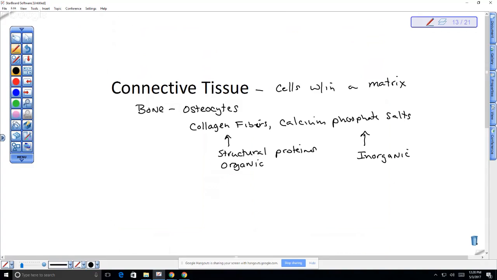And so sometimes if calcium doesn't get put into the bones in children, it can cause their bones to bend and you get this look where their legs are bow-legged. Does anybody know what that disease is called? Where kids' bones don't develop, they're too soft and they become bow-legged? It is called rickets. You don't need to know that for the midterm or anything, but rickets is the disease where you don't have enough calcium phosphate salts, right?